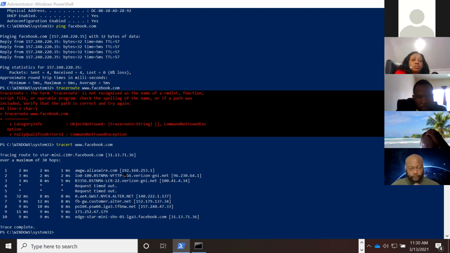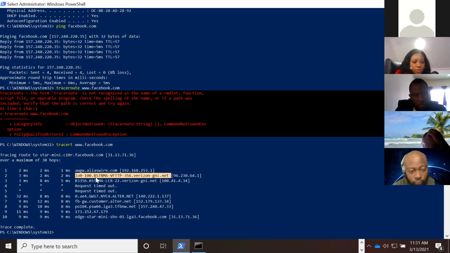Guys, remember the router? This right here is the IP of my router. So the requests that I'm sending out go through my router right here, or the internet gateway, which is the IP address of my router. And after that, where does it jump to next? This should be Boston, MA, and it's a Verizon router.